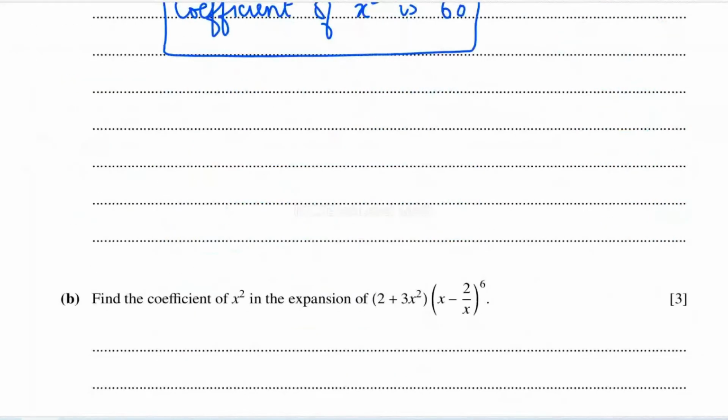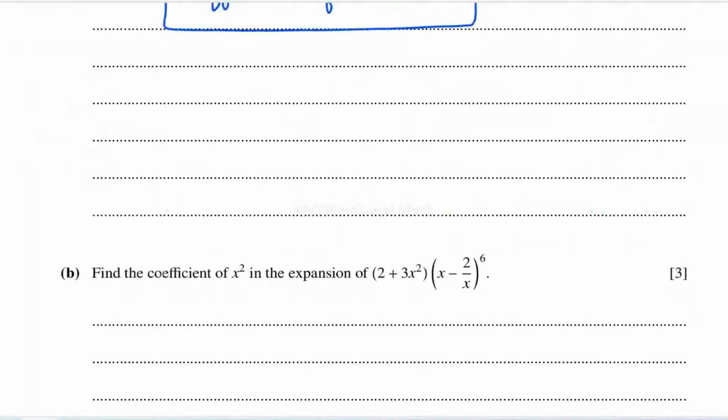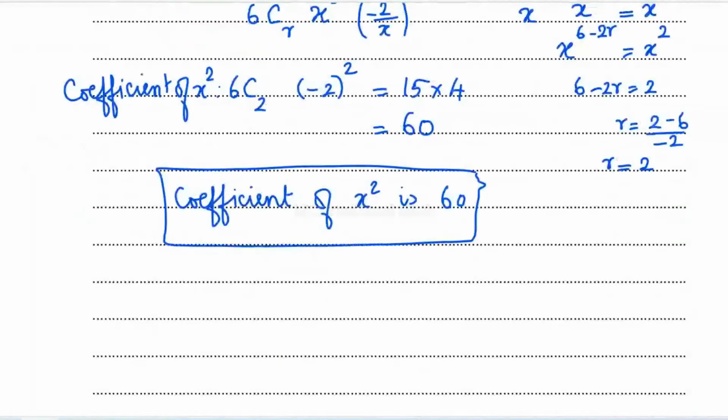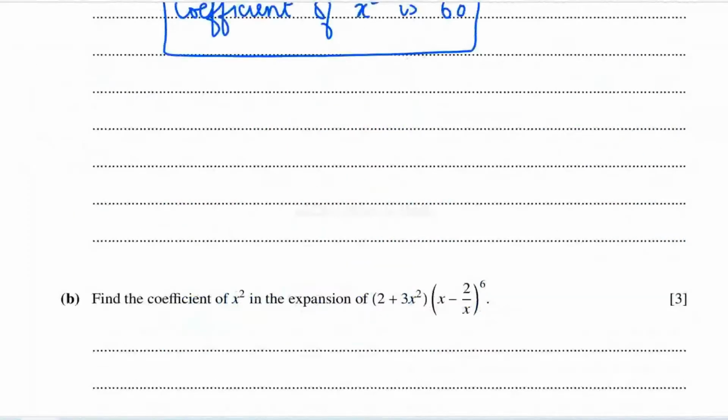The next part of the question is find the coefficient of x square in the expansion of 2 plus 3x square multiplied by x minus 2 over x the whole power 6. And this expression is also same as the first one, and we need to find the coefficient of x square.